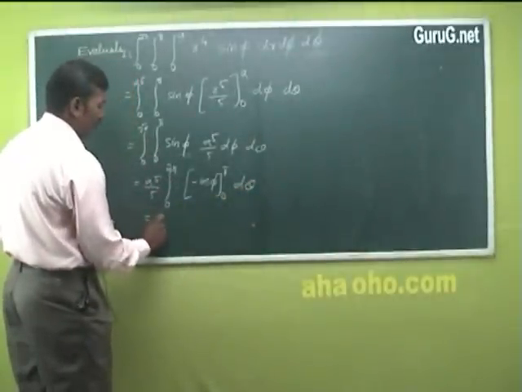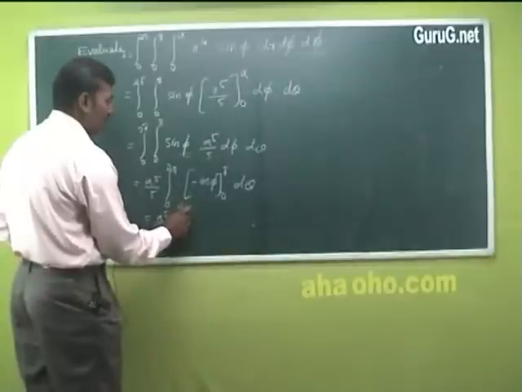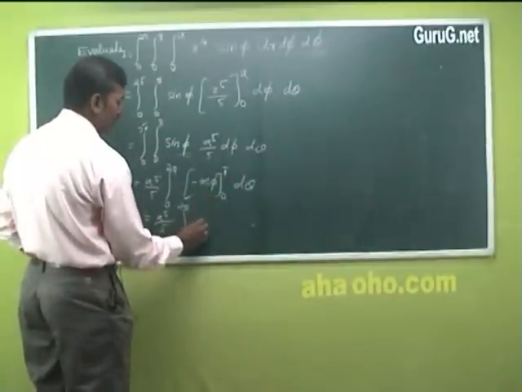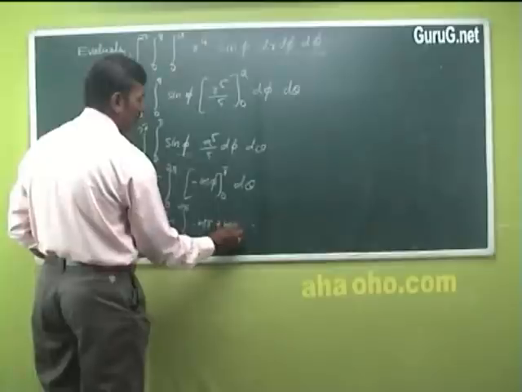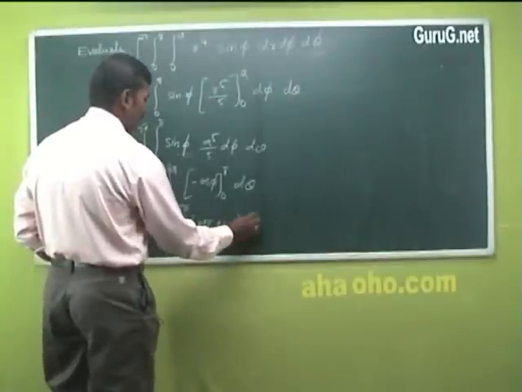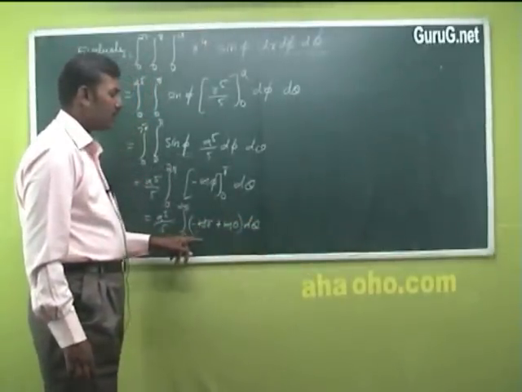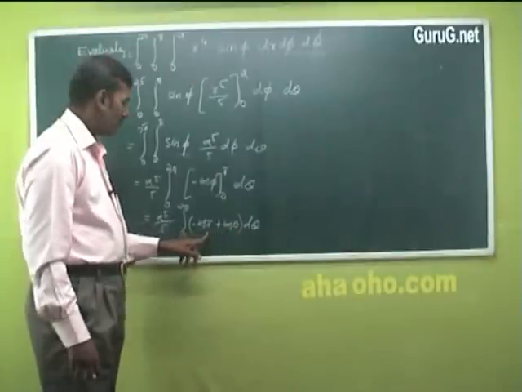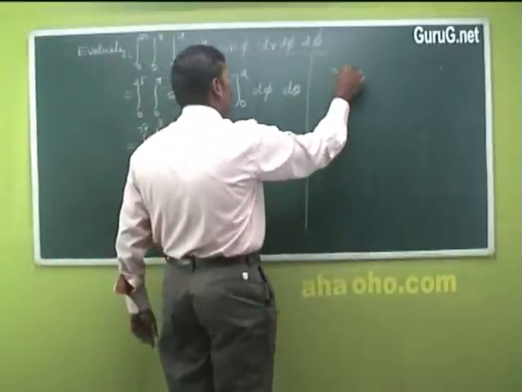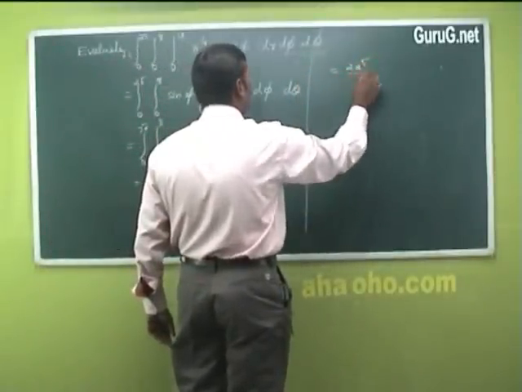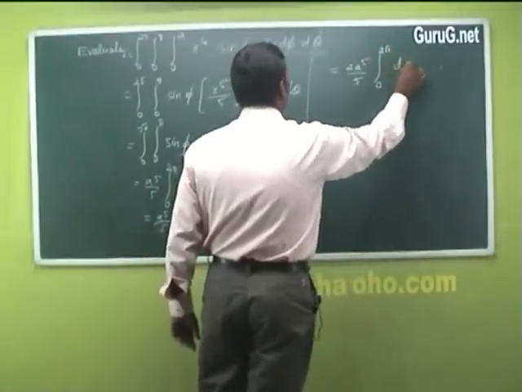Now a to the power 5 by 5, integral 0 to 2 pi. Now substitute the limits: minus cos phi, minus minus plus cos 0, d theta. So cos pi is minus 1, so minus into minus gives plus 1, and cos 0 is 1, so 1 plus 1 is 2. So 2a power 5 by 5, integral 0 to 2 pi d theta.